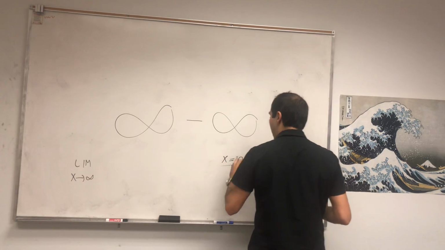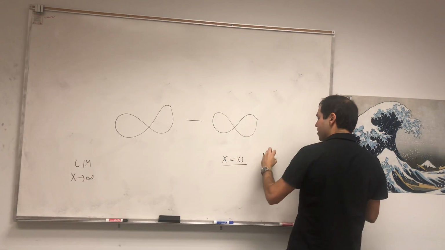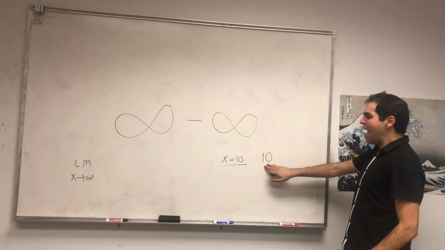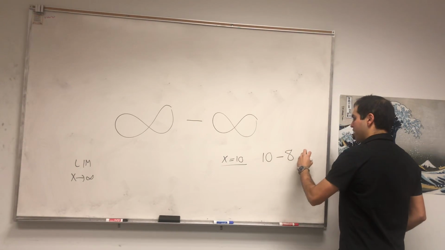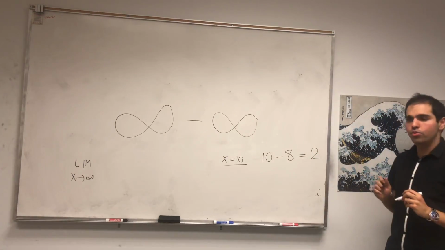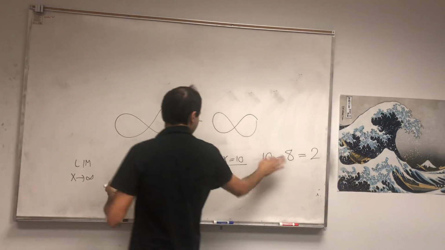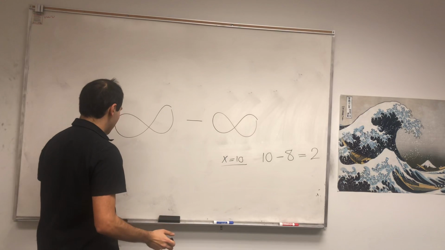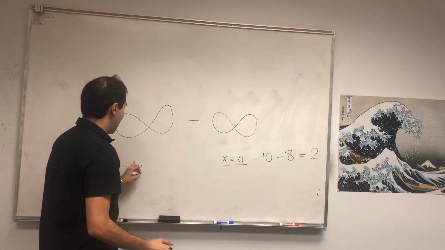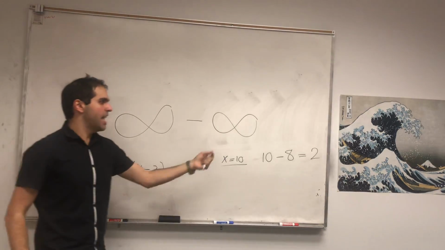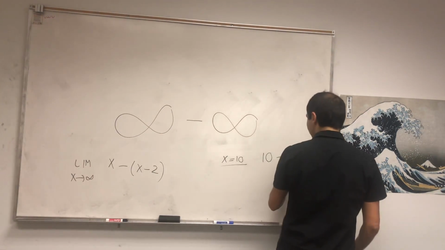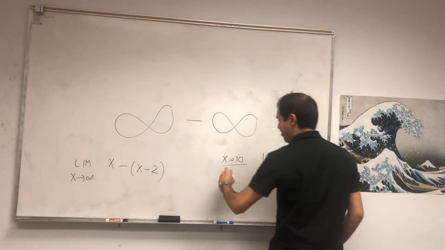This time you put x amount of money in your bank and the bank charges you a fee of $8. Then what you have left is $2. And indeed, what I'm illustrating here is the limit as x goes to infinity of x minus 2. So 10 minus 2 is 8, so it charges you $8.